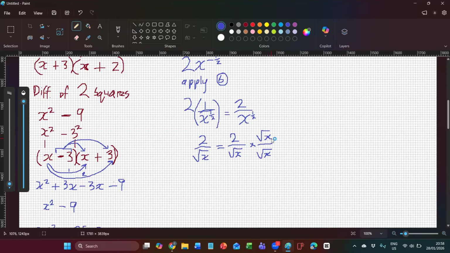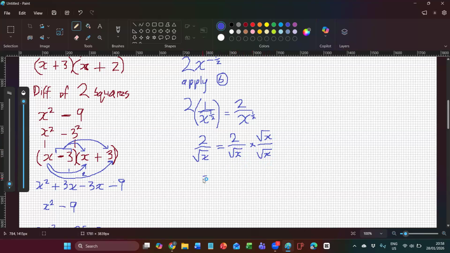I'm sure you have heard that principle somewhere. Now, let me ask you a question. x raised to the power of half times x raised to the power of half: did you notice that the bases are the same? So we can add the powers, isn't it? Half plus half is 1, isn't it?